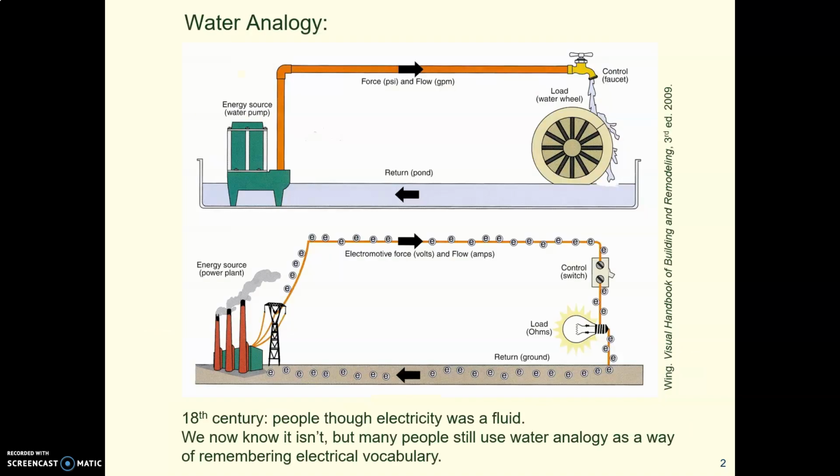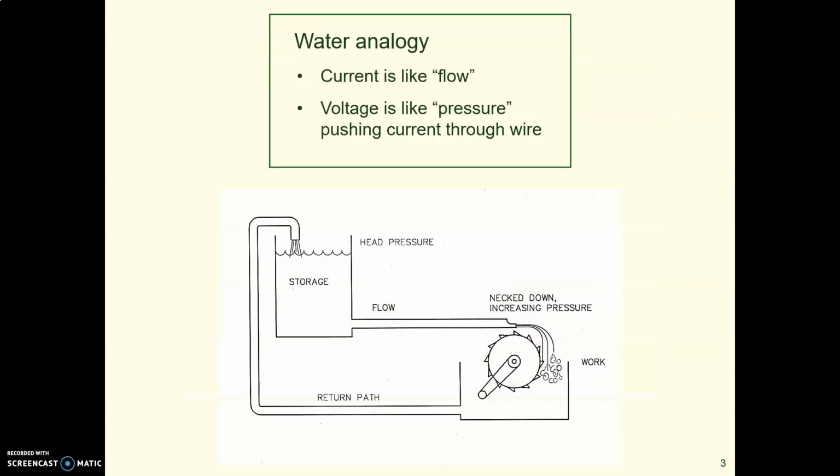Now, you might like to use the flow of water as an analogy to help you think about what these words mean. And I've drawn a crude diagram of a water system here.